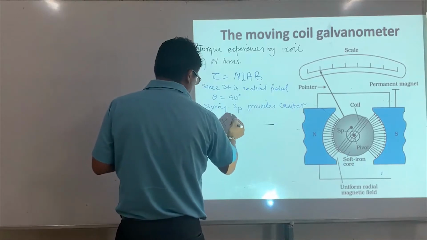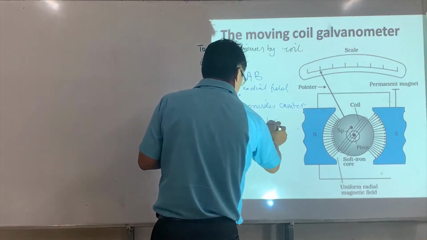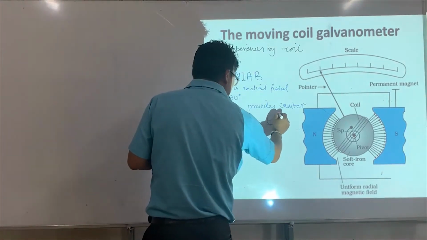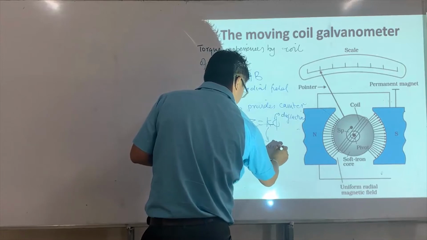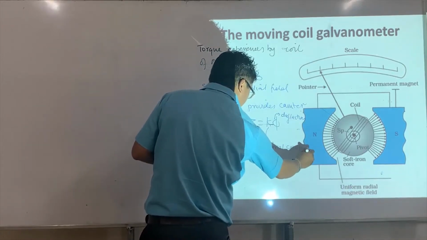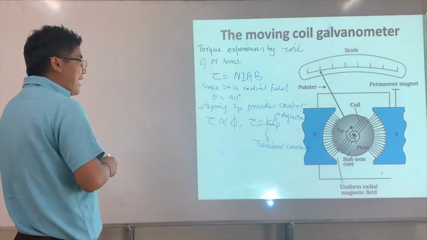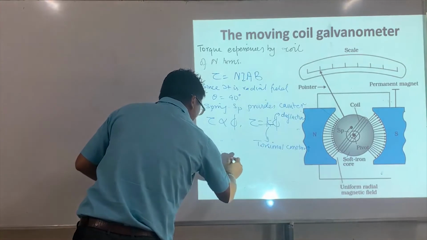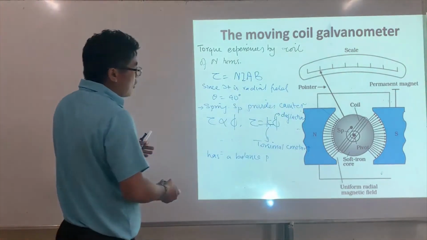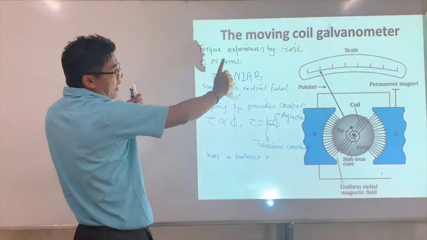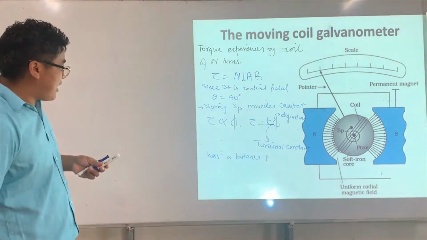It is proportional to some angle of deflection, phi. So this is equal to K phi, where phi is the deflection and K is the torsional constant, the spring constant. Since the spring provides a counter torque, the pointer will stay at a balance point.